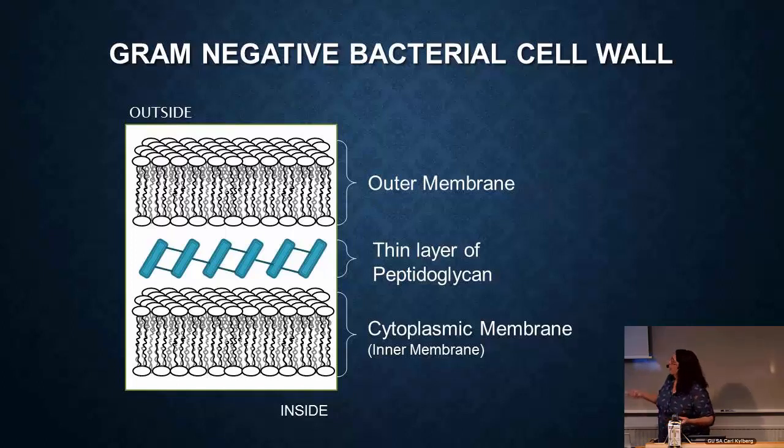What they also have is a second membrane. We call this one the outer membrane, and the other membrane the inner or cytoplasmic membrane. In this one, the purple dye can escape, basically. It doesn't get stuck in all that peptidoglycan. And so these bacteria look pink instead of purple.